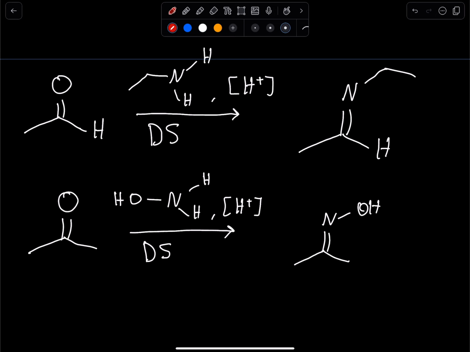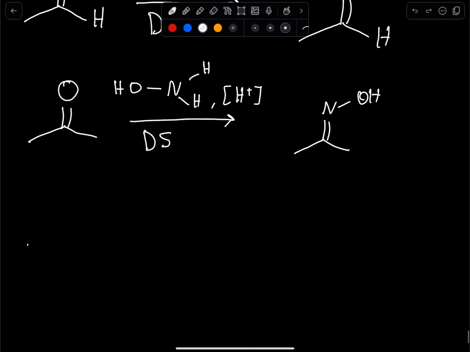So in other words, in the top example, we had an ethyl group on the nitrogen, but now we have a hydroxyl on the nitrogen. So it will work just the same with alcohols, and again, same mechanism, except that you just have an alcohol there as opposed to an alkyl group.